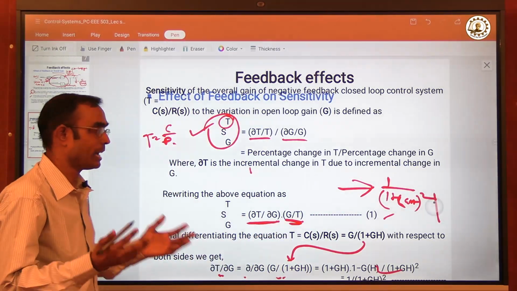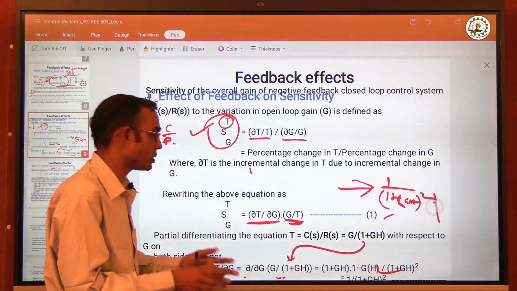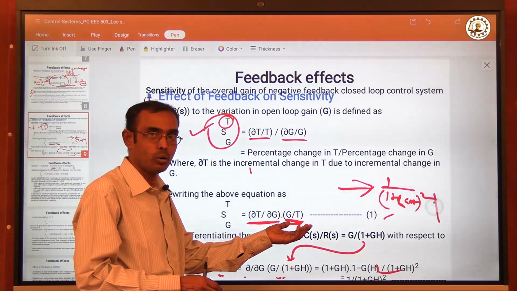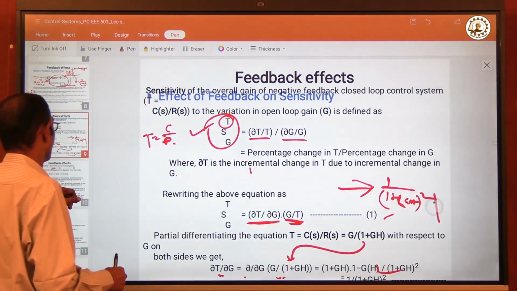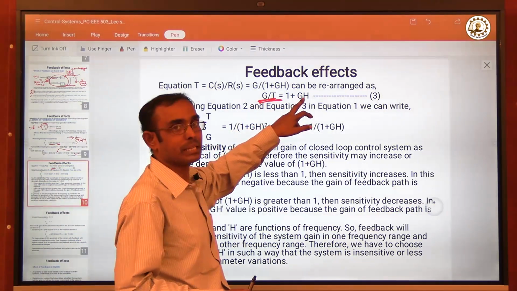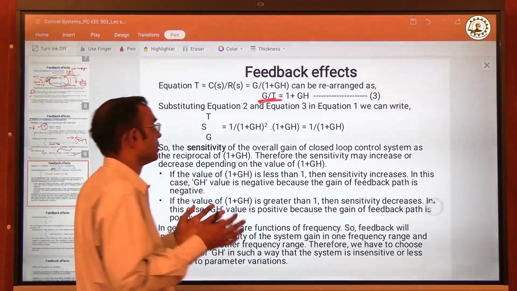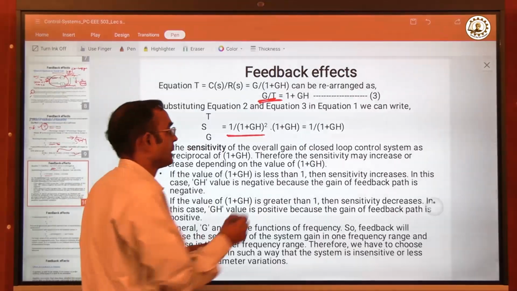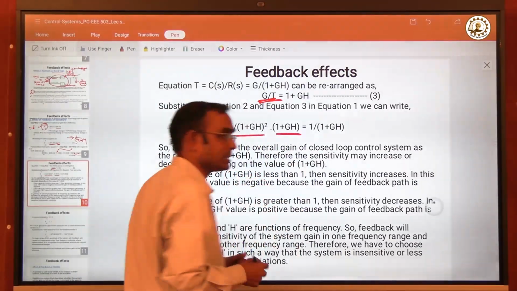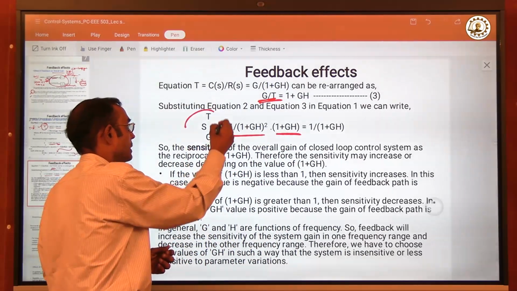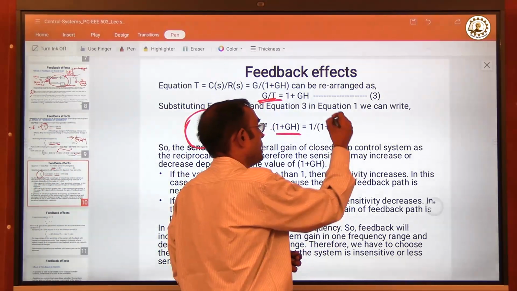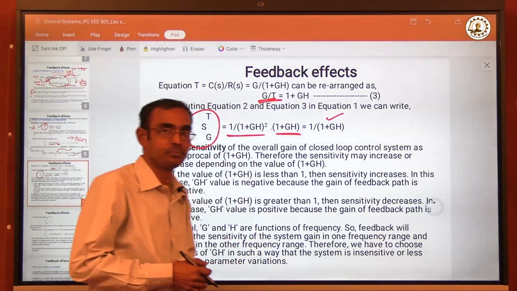Finally, we have to substitute those two expressions, one for del t by del g and another for g by t. So g by t is 1 plus gh. Now after substitution, 1 by 1 plus gh whole square into 1 by 1 plus gh, we get the sensitivity as 1 by 1 plus gh.